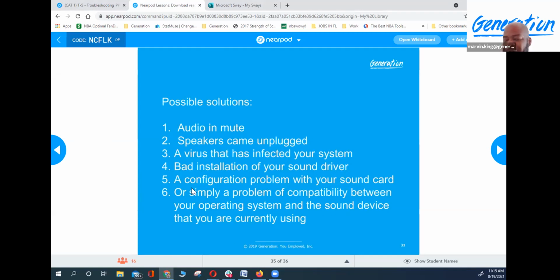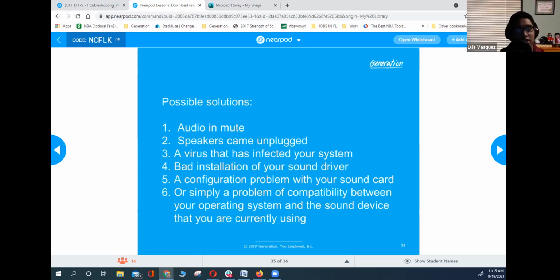So there are several options, and we want to start with the easiest first. The easiest one is to ask them, is it on mute? Because it could be.